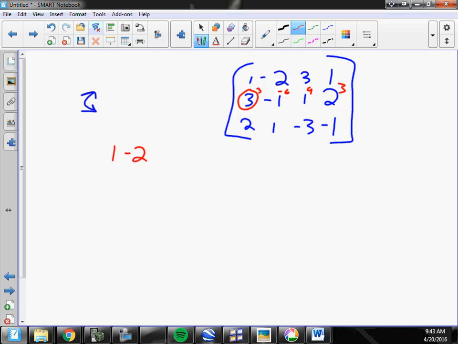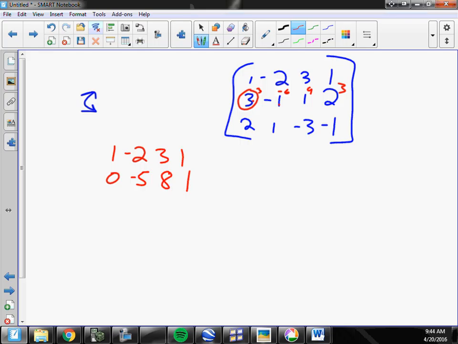So 1, -2, 3, 1. It doesn't matter which one I subtract, so I'll do top minus bottom. 3 minus 3 is 0. -6 minus -1, right? I'm doing top minus bottom. 9 minus 1 is 8. 3 minus 2 is 1.